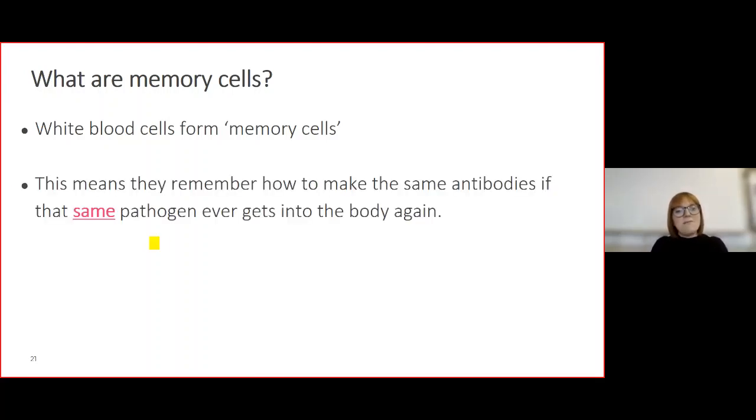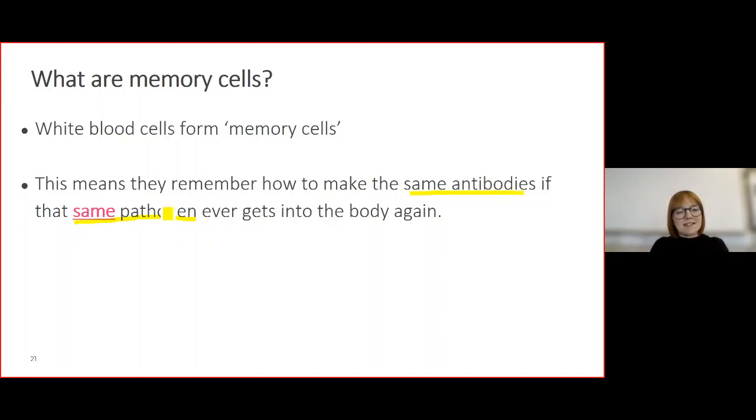So this means they remember how to make the same antibodies, okay, if the same pathogen ever gets inside the body. Okay, so if we potentially have had tonsillitis before, so we've made the antibodies that would respond to tonsillitis.